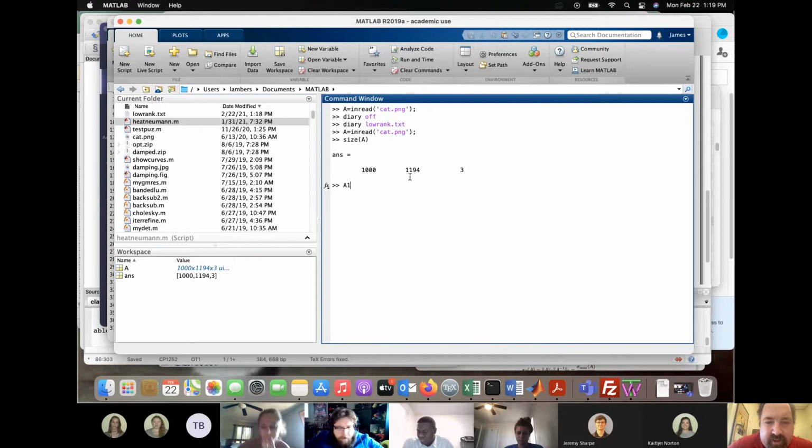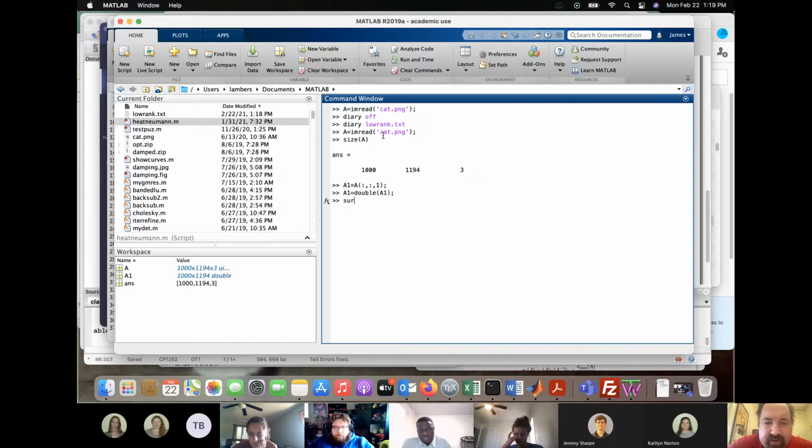Now I'm going to take just one of these channels, the red channel, so that way I'm working with a matrix. I need to convert it to double because these are unsigned 1-byte integers, and I want double precision floating point numbers.